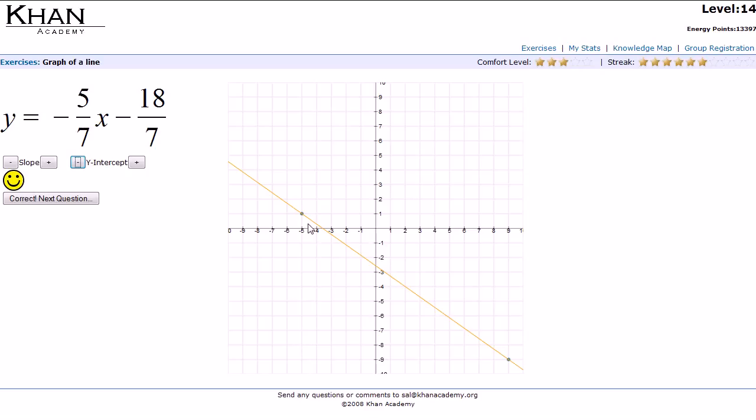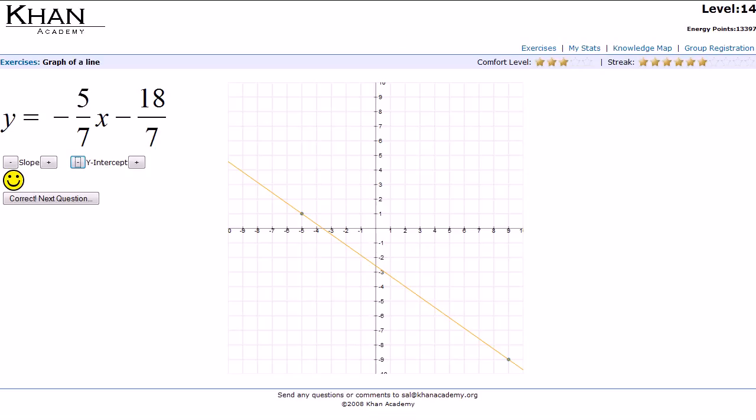For every 7 you go to the right, you go down 5, right? If you go 1, 2, 3, 4, 5, 6, 7, you're going to go down 1, 2, 3, 4, 5. And we definitely see that on that line. And then the y-intercept is minus 18 over 7, which is a little over 2.5. And we see right there that the y-intercept is a little over 2.5. And that's the equation for our line.